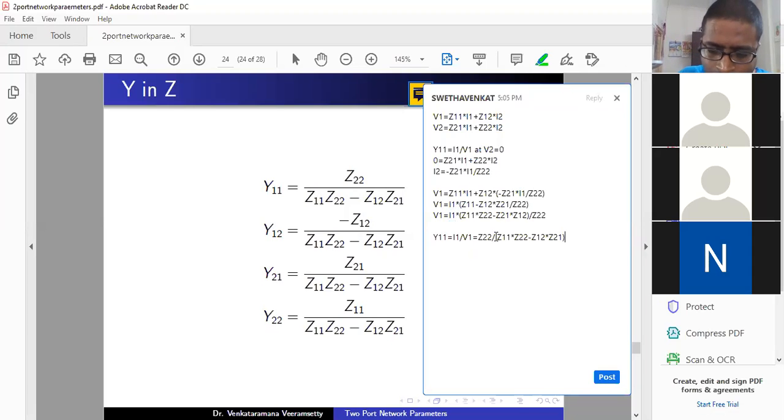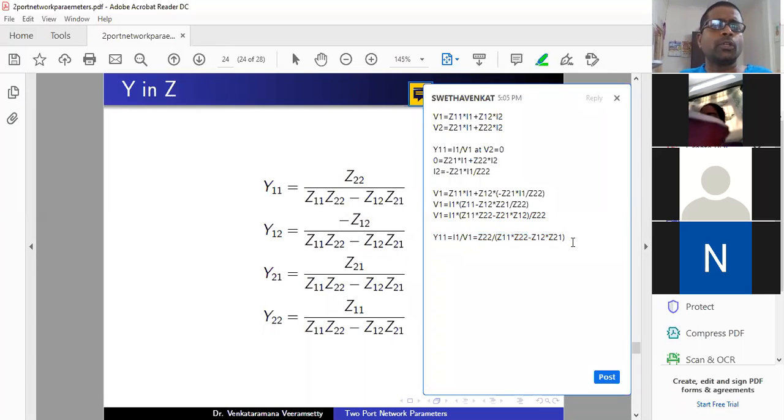Right? I hope everyone is comfortable with this derivation. So Y11 equals Z22 divided by Z11 into Z22 minus Z12 into Z21. This is how we can find Y11 in terms of the Z parameters.